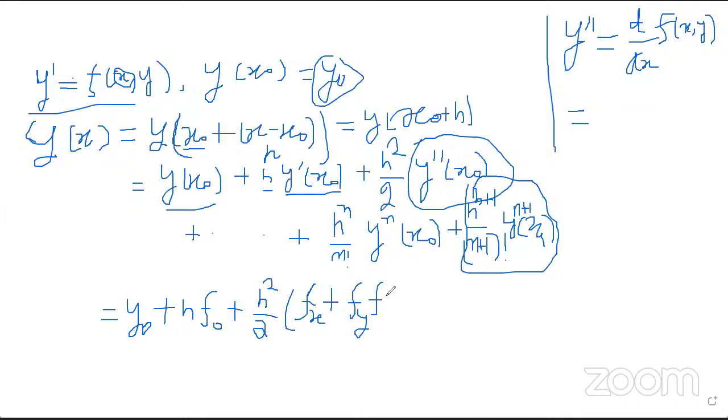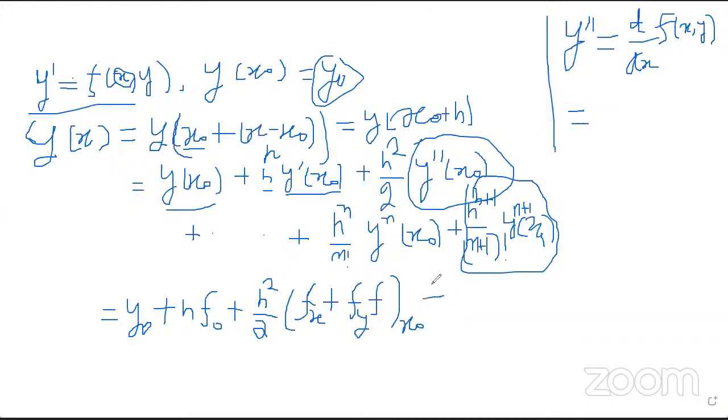This thing is clear. So yes, we are getting this at x naught. Am I right? At x naught. This thing is clear. So f is known. If f is known, its partial derivatives we can calculate. So it means that the third term is also known.